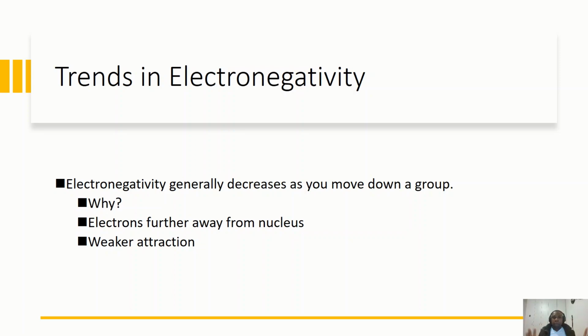And when they are becoming bigger, the nucleus that has the positive charge that wants to attract electrons is farther away from the electrons it wants to attract. So the proton inside the nucleus is farther away from the electron, and it's difficult for the proton to attract the electron to itself.